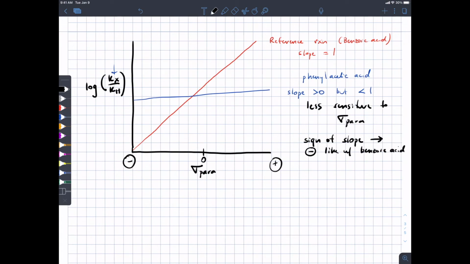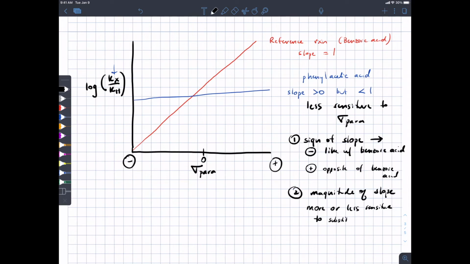Or is it going to be opposite benzoic acid and have a buildup of positive charge? So that's the first thing. And then the second thing, you're going to look at the magnitude of the slope. Is your reaction more or less sensitive to substituents than benzoic acid?